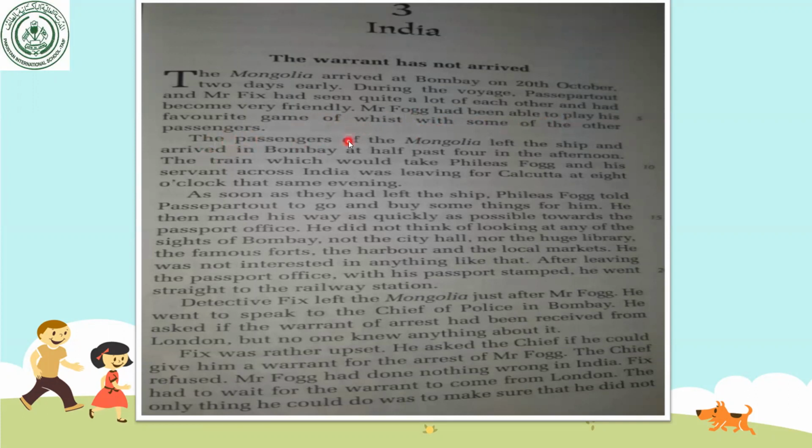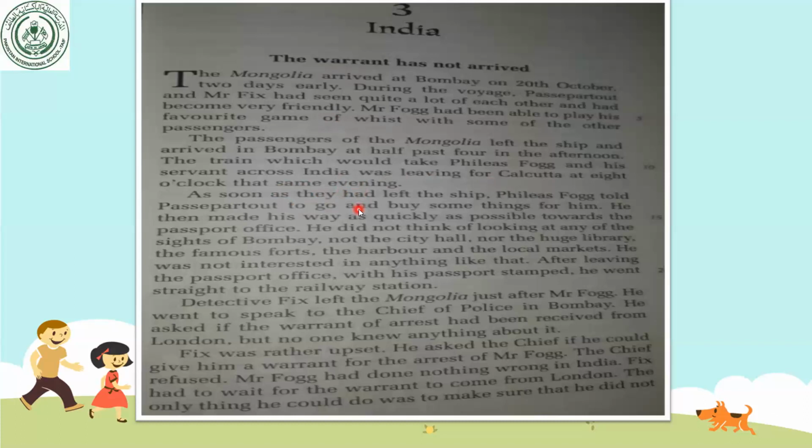The passengers of the Mongolia left the ship and arrived in Bombay at 4:30 in the afternoon. The train, which would take Phileas Fogg and his servant across India, was leaving for Calcutta at 8 o'clock that same evening.